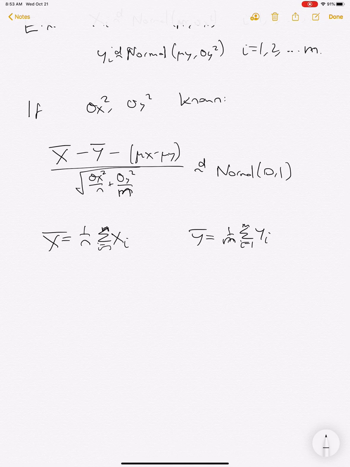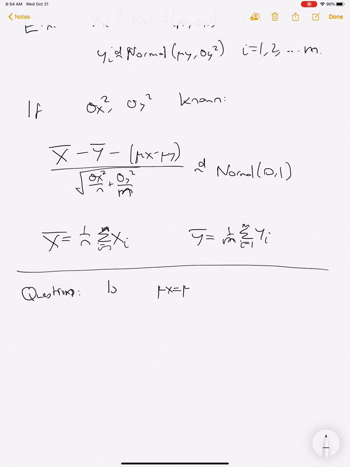The question we're really interested in is: is mu x equal to mu y, or how far apart are they?